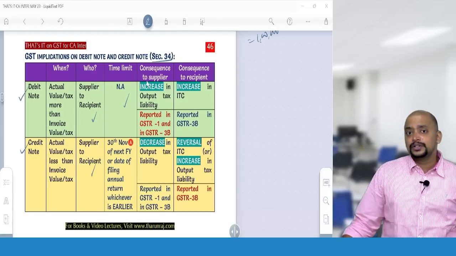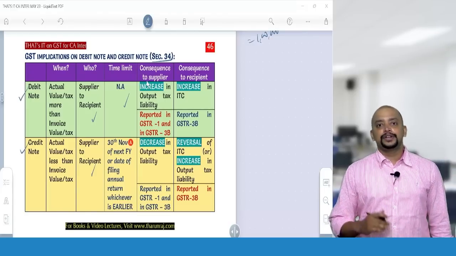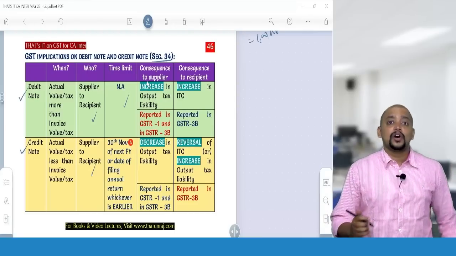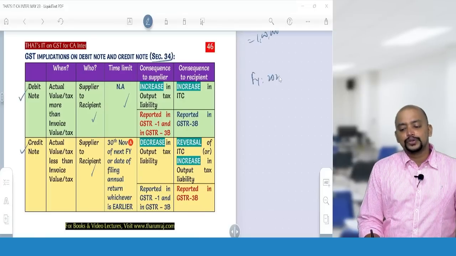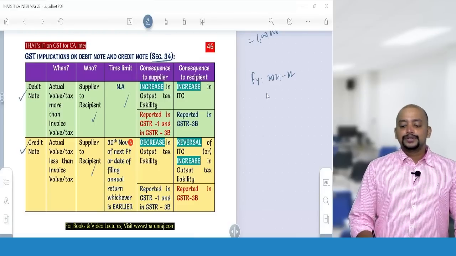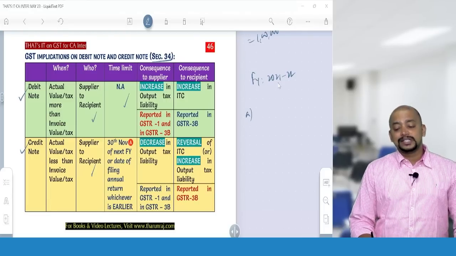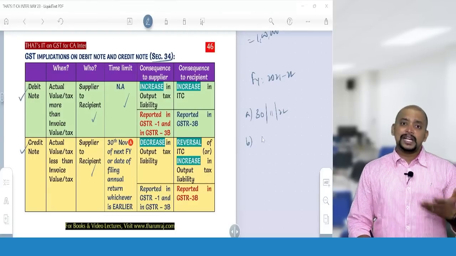But in case of a credit note, there is a reduction in liability. So they have given a time limit for issuance of a credit note. By when should the credit note be given? By 30th November of the succeeding financial year or the date of filing the annual return, whichever is earlier. For example, for financial year 2021-22, if there is any invoice, the credit note should be given by 30th November of the succeeding financial year, which means 30/11/2022, or the date of filing the annual return.